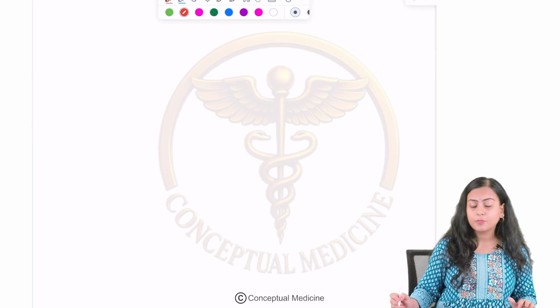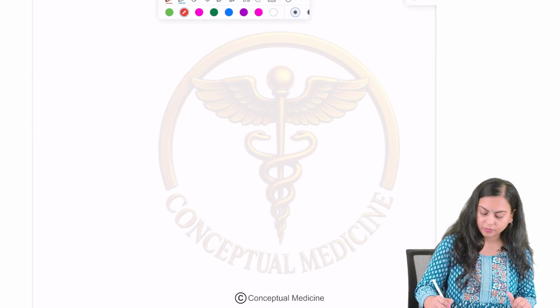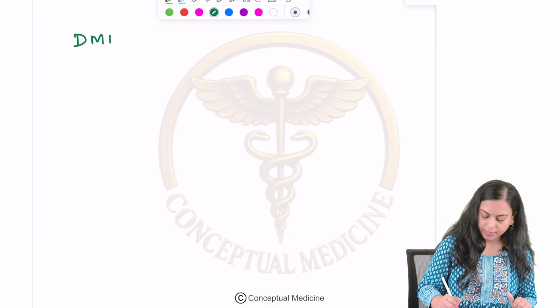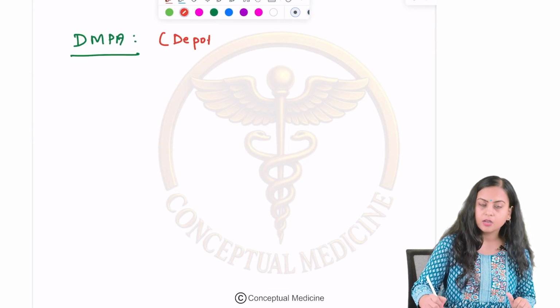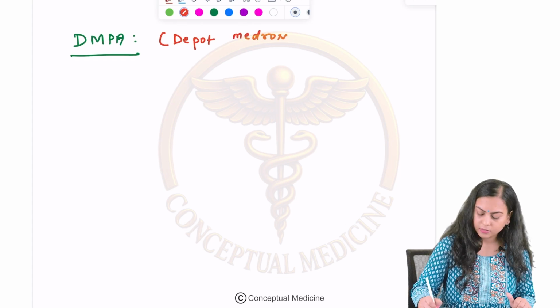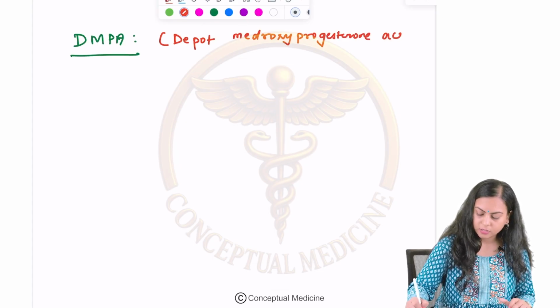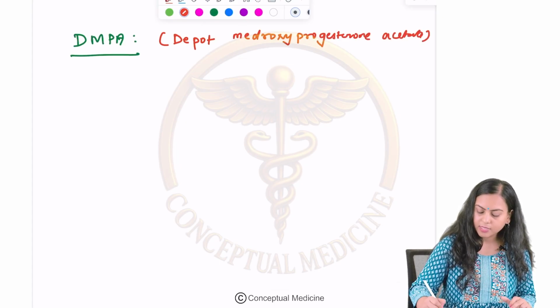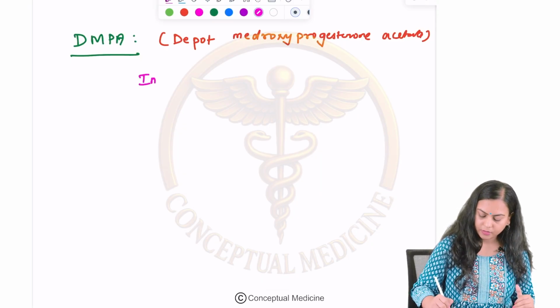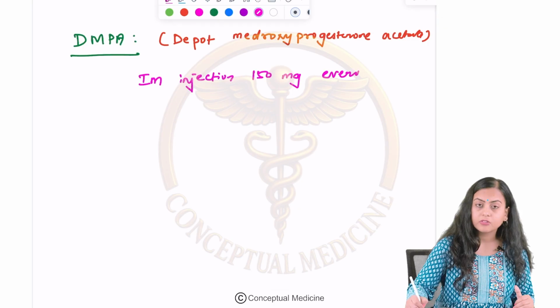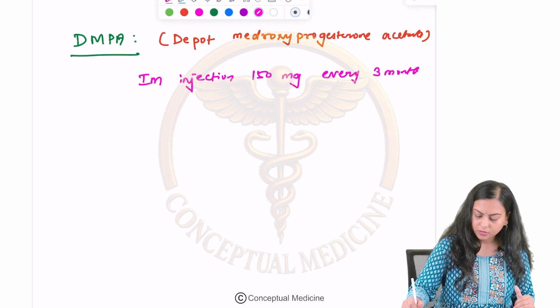Then it is depot medroxyprogesterone acetate. Okay, so DMPA, which is nothing but depot medroxyprogesterone acetate. So this drug is given as an IM injection at a dose of 150 milligram every 3 months. Okay.